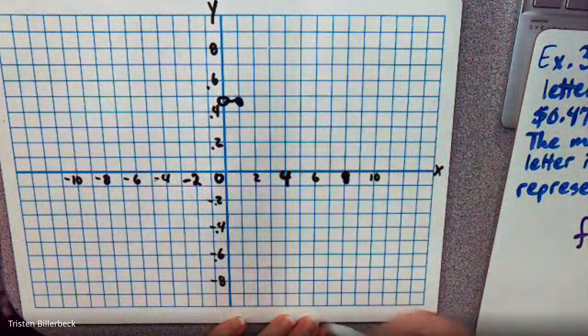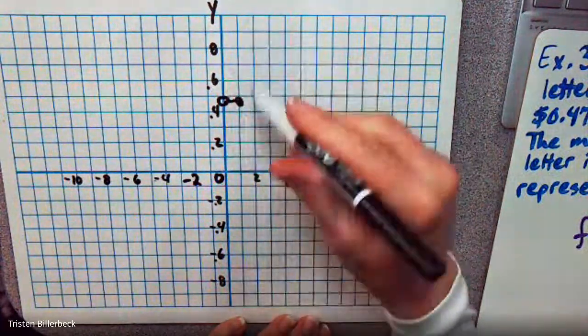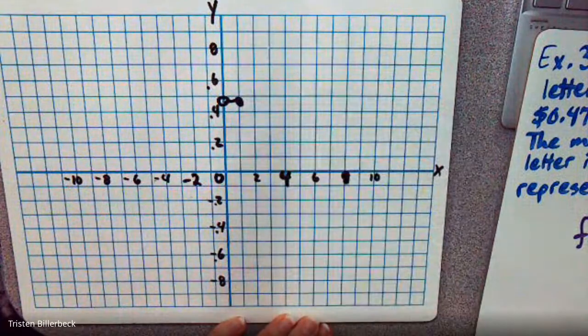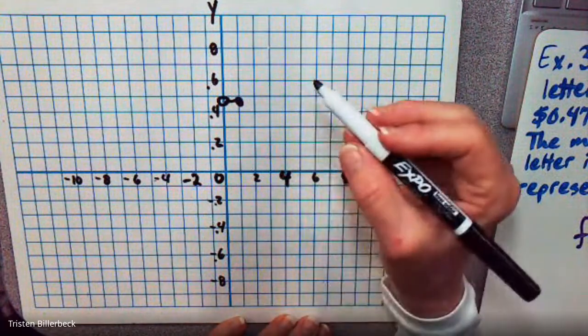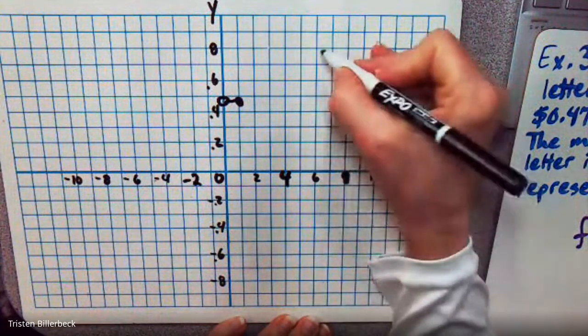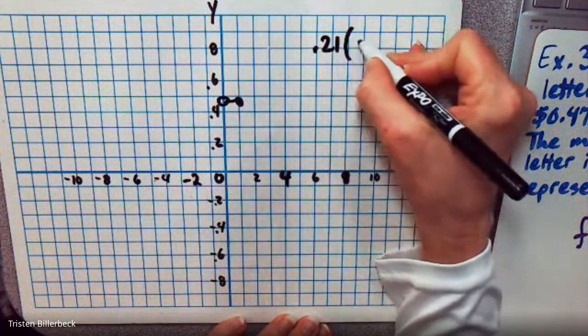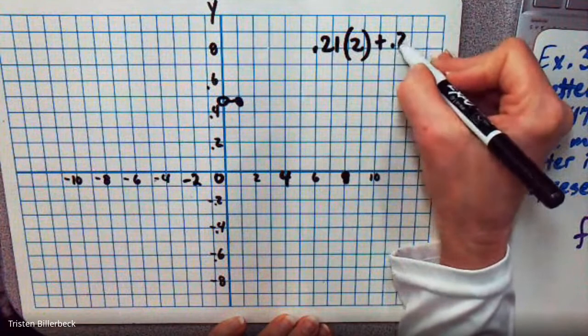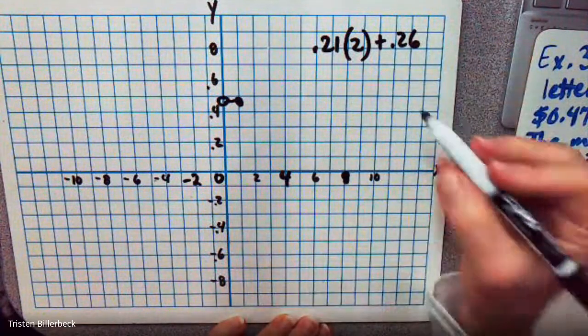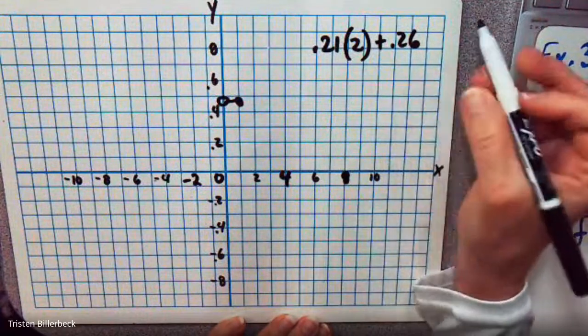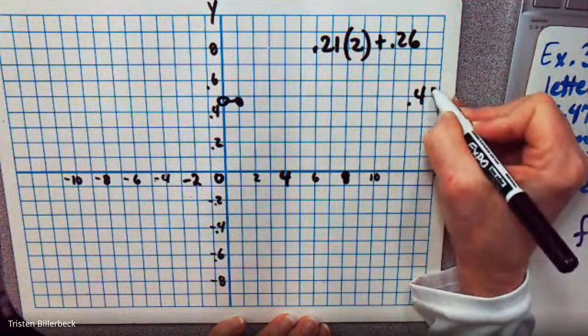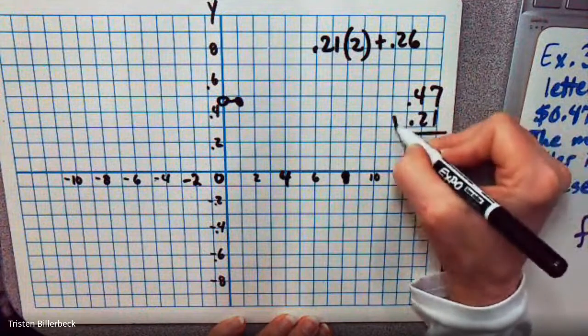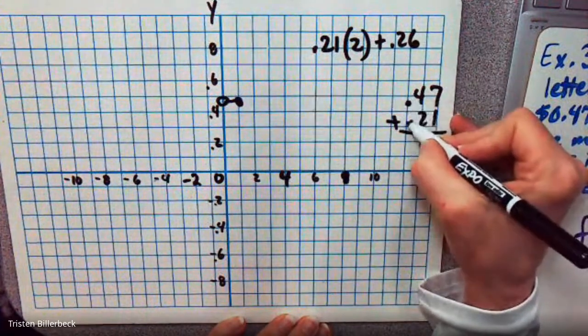Okay, as soon as we have an additional ounce after that, we are going to be paying 21 cents in addition to the 47. So if we look at the 0.21 times 2, because we're rounding up, and then plus 0.21, we know that we should be paying 0.47 plus 0.21 for the next ounce.